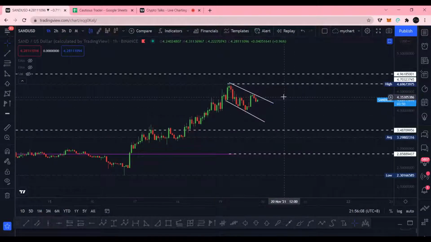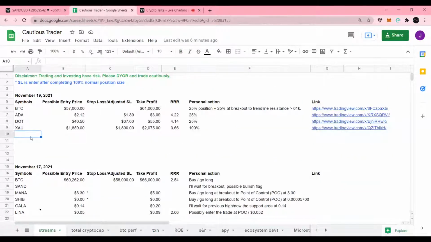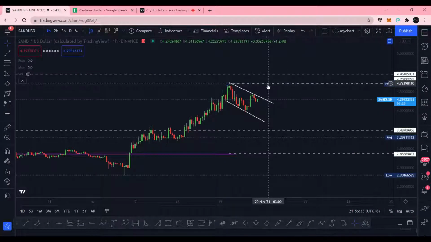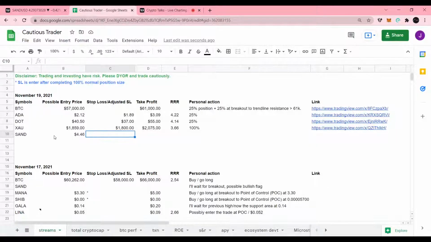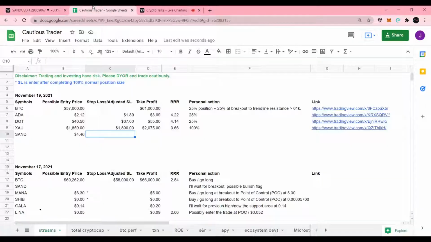So what's at least 1, 2, 3? At least it will create a new high. So my possible entry is 4.46. What's that? Sand. 4.46, which is higher than, or above the trend line resistance, if I'm watching it, at least a break above this trend line resistance.